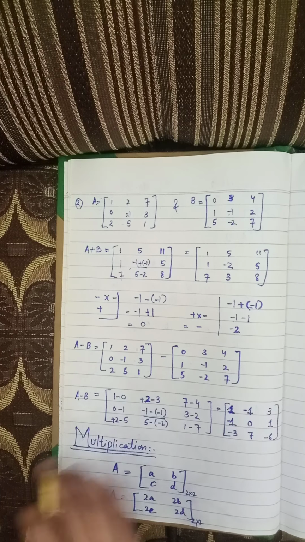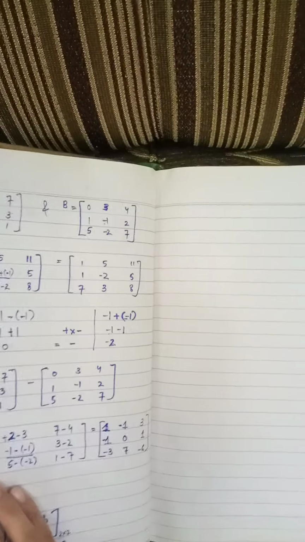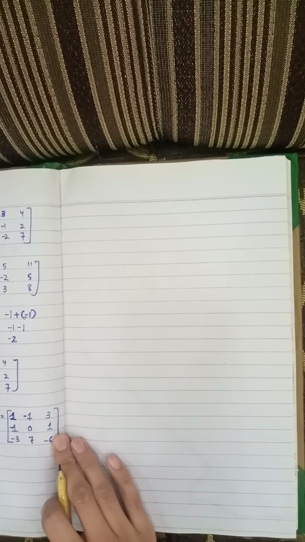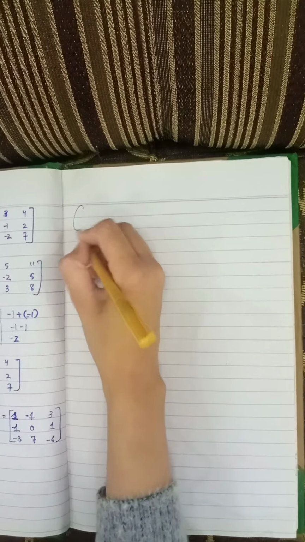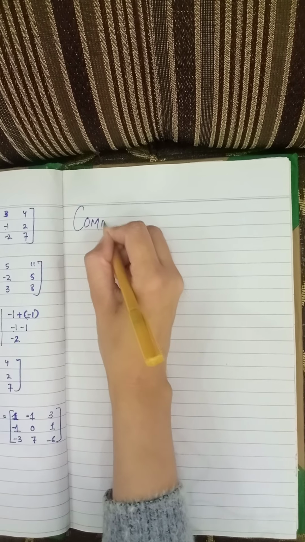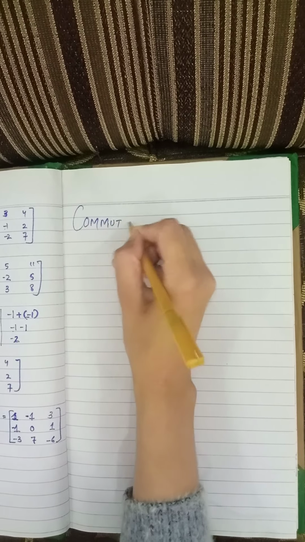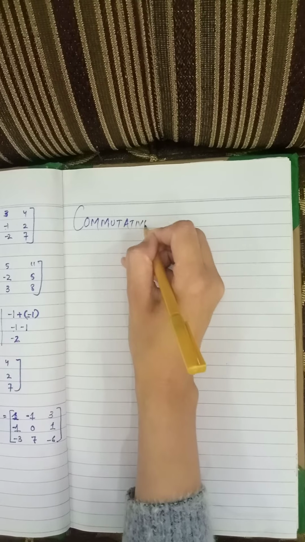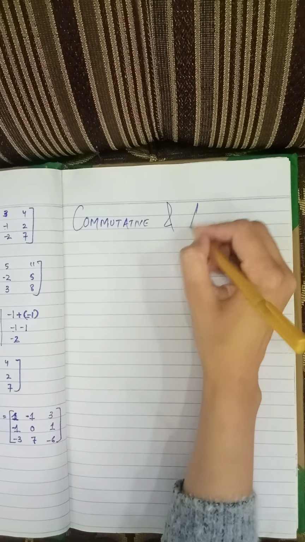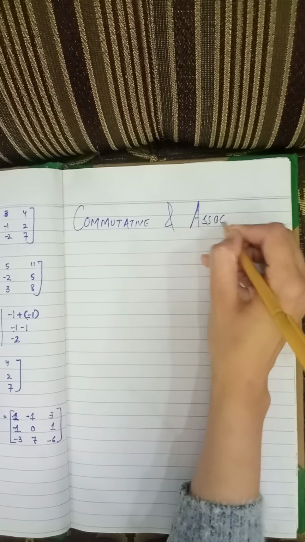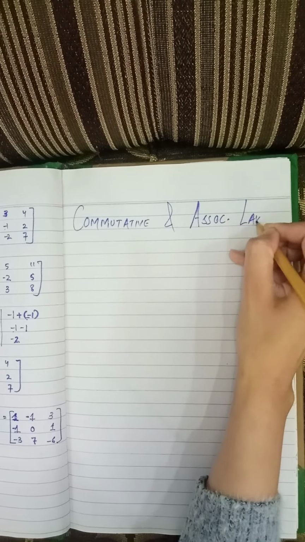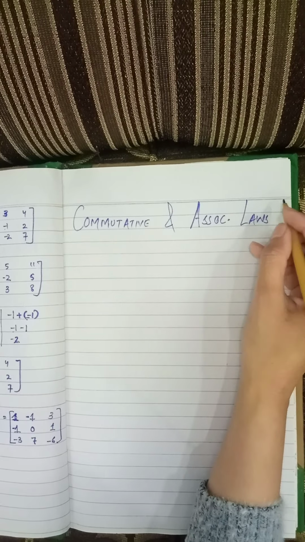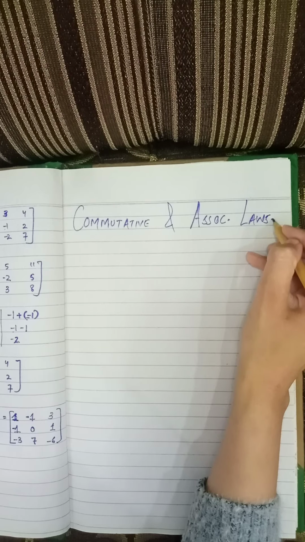Then the commutative and associative laws, we are going to discuss them. Commutative and associative laws for addition of matrices.